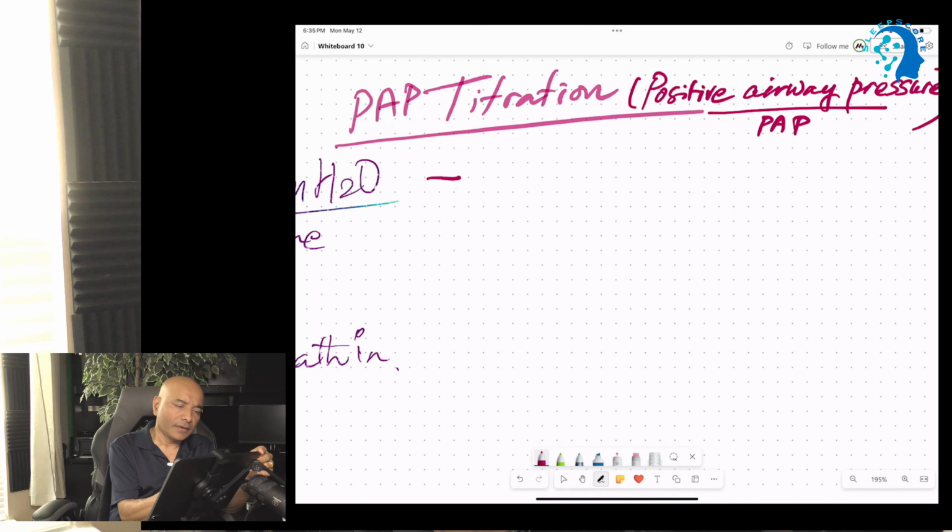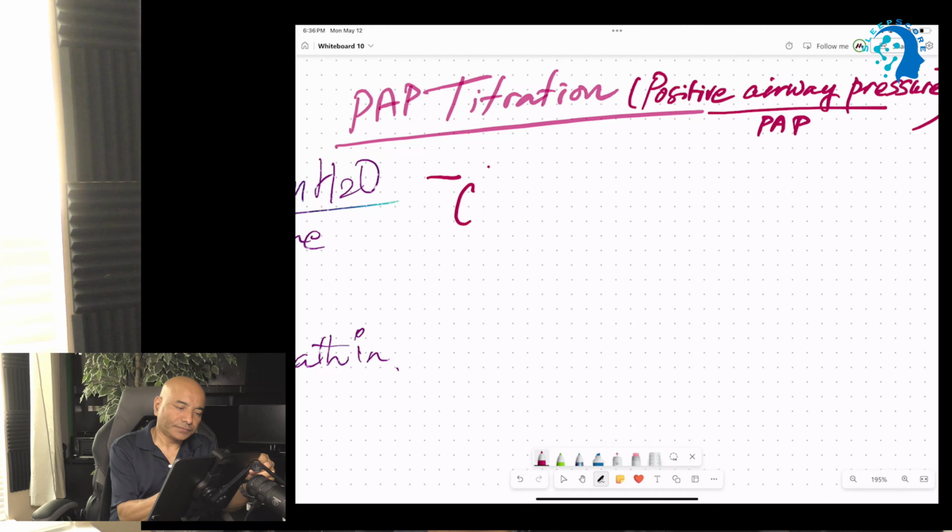You know PAP means using the mask and giving the pressure, right? Positive airways pressure. So this is for the treatment. When people have sleep apnea, we start using a mask, and start with the CPAP.